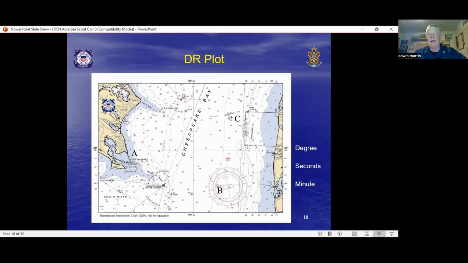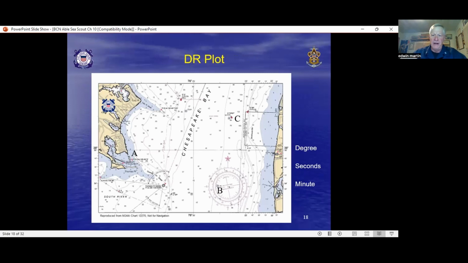Now, let me explain one thing. Most of the text and a lot of other material, the chart is using the old style 1/10 of a second graticule on the side for latitude and longitude.